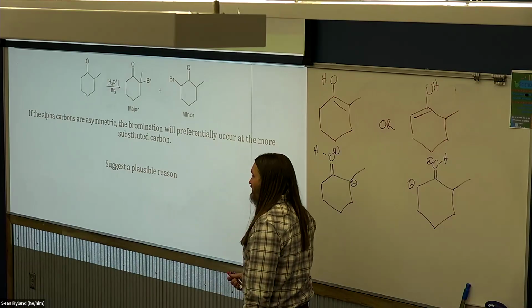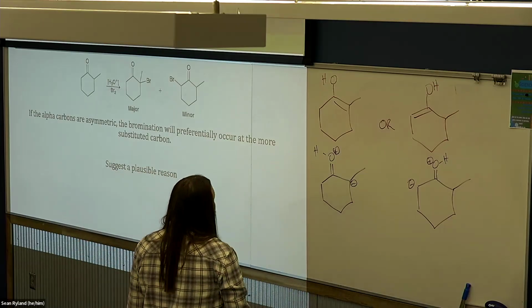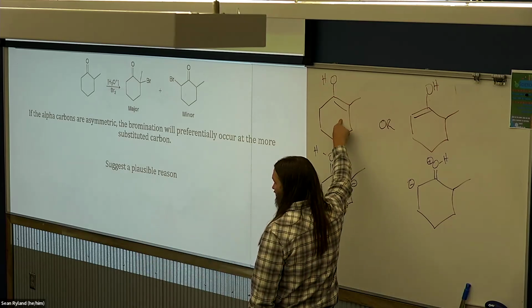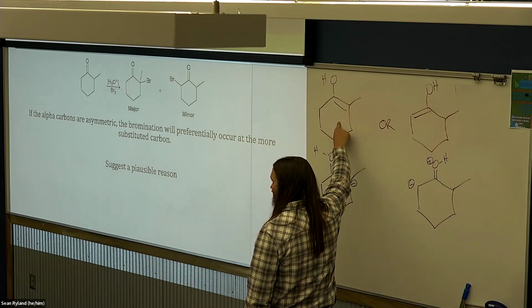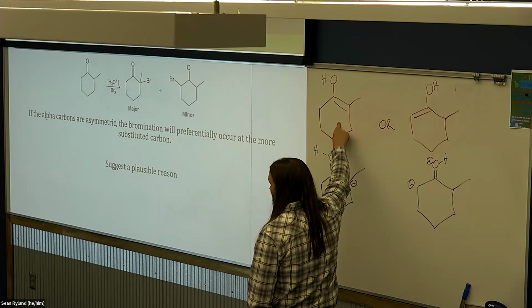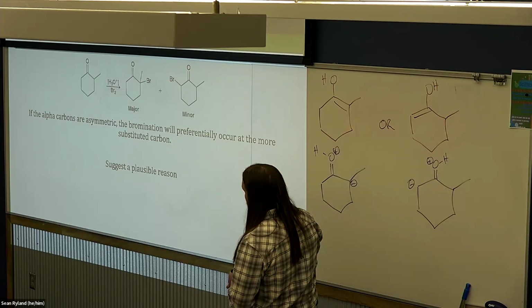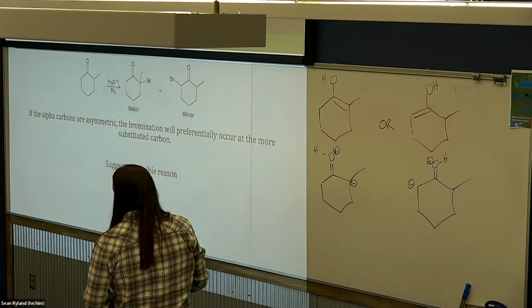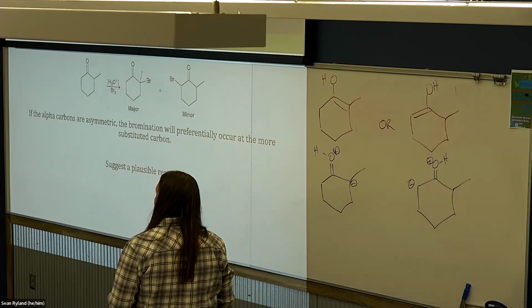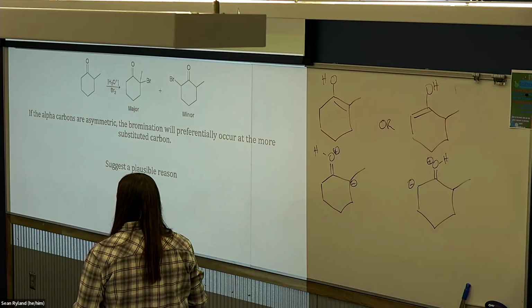So that's a plausible reason. You answered the question. Yeah, it makes more sense. We're going to form this enol preferentially. It's the thermodynamically favored product. And since making the enol is reversible, it's going to form the thermodynamic product more often than the kinetic product.